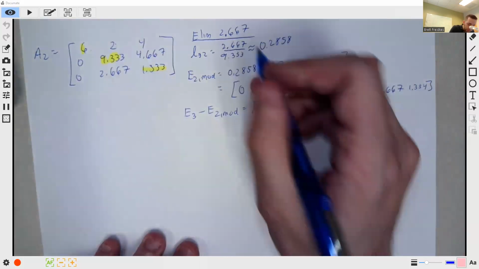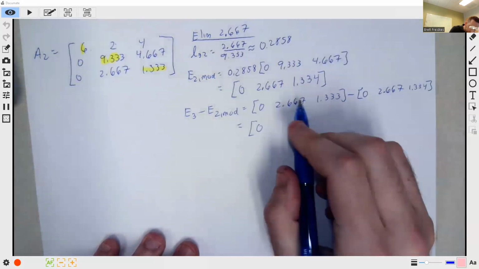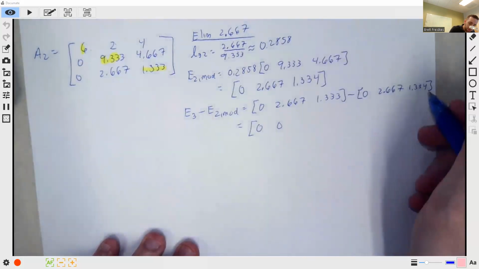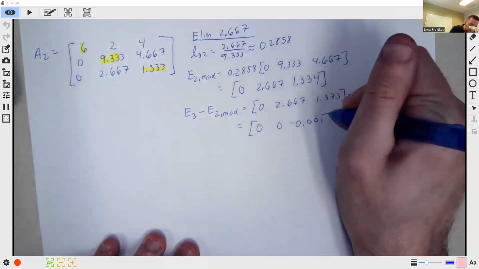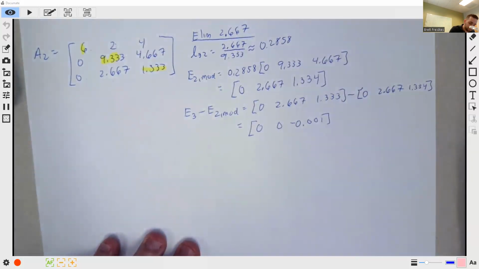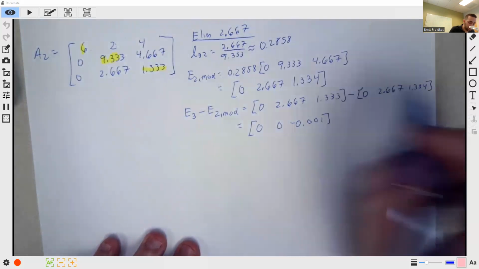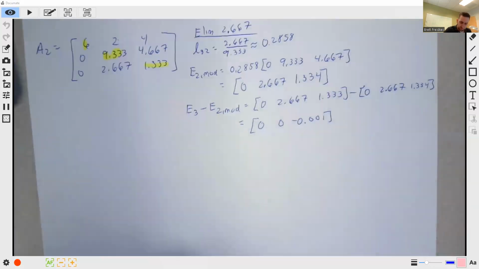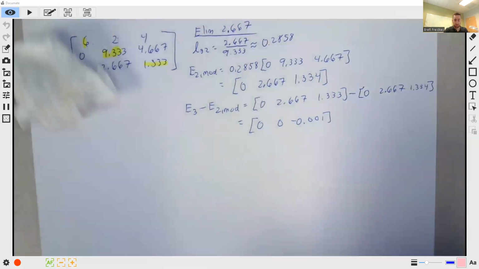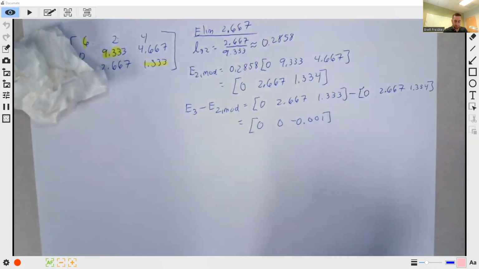E2 mod is that guy. So we get 0, 0, 1.333 minus 1.334 is 0, negative 0.001. And that's what we will plug into our matrix here. Oh, is that right? Let me double check. Yeah, that's right. 1.333 minus 1.334 just to be double sure. Yeah, I don't know why I was going crazy.